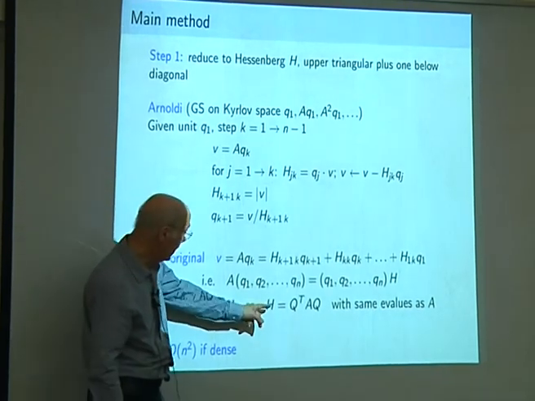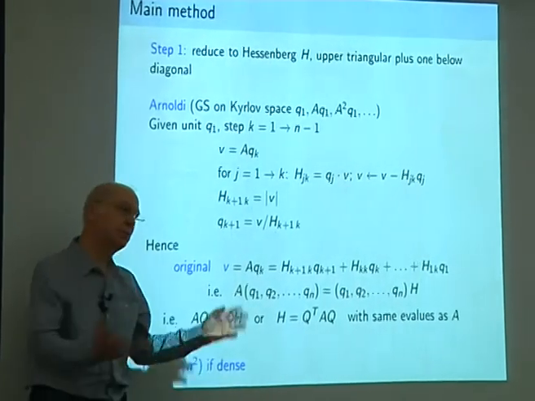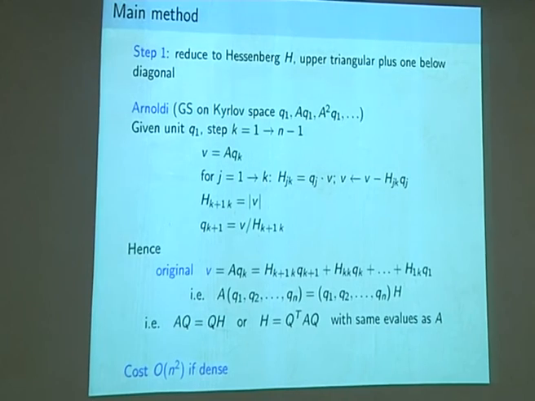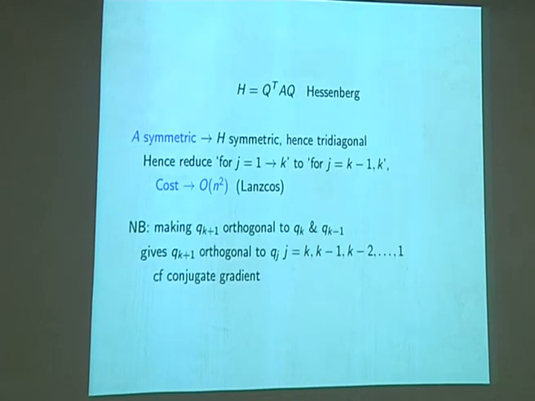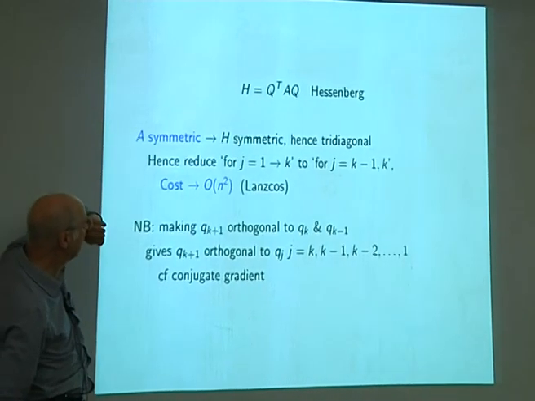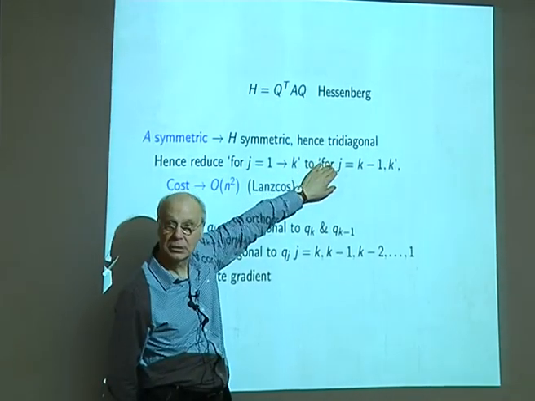In other words, H is Q transpose AQ, and so this produces an upper Hessenberg matrix in, if it's a dense matrix, it might be n cubed cost. And then there are some nice features: A has to be symmetric to do this, and H is symmetric, and therefore H is a tridiagonal matrix.